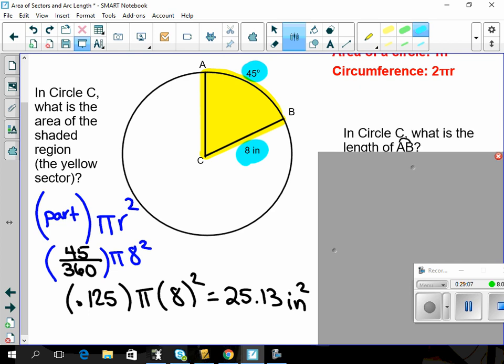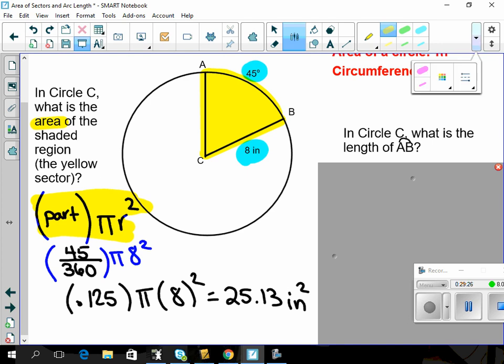The next question becomes, what's the length of the arc? Different question. Remember, area is this formula. Do you agree? Arc length is a different question.